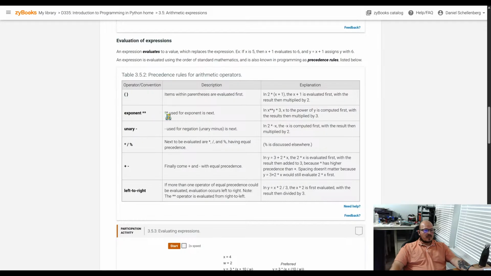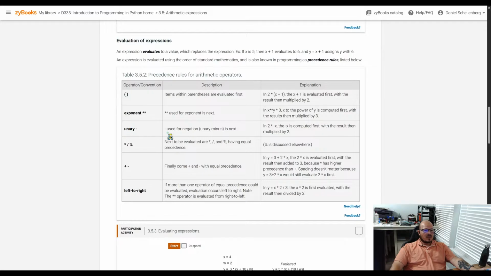The exponent, double asterisk, used for exponent is next. In x asterisk asterisk y times 3, x to the power of y is computed first with the result then multiplied by 3.